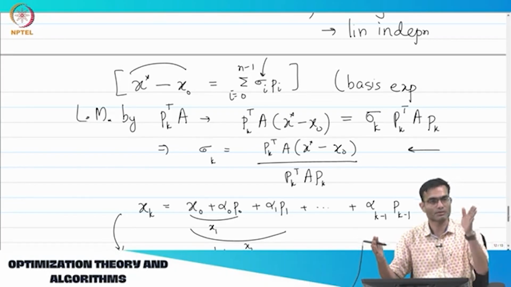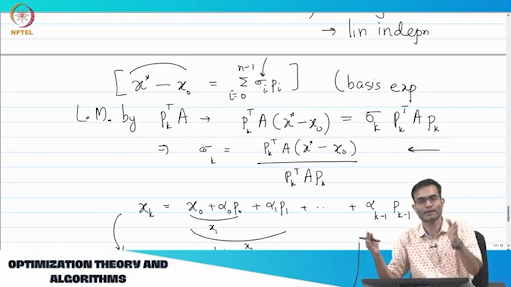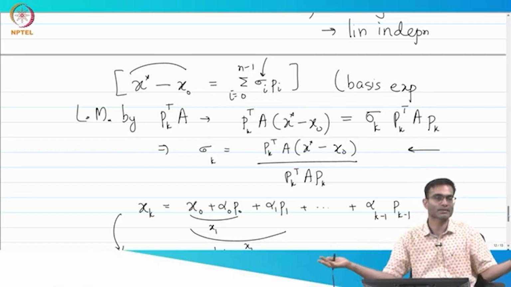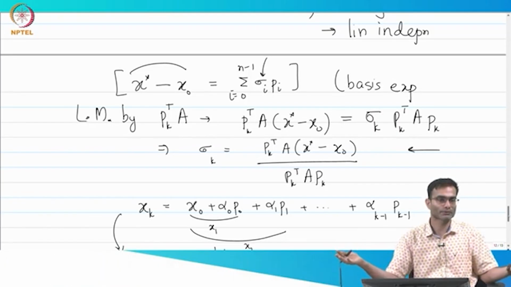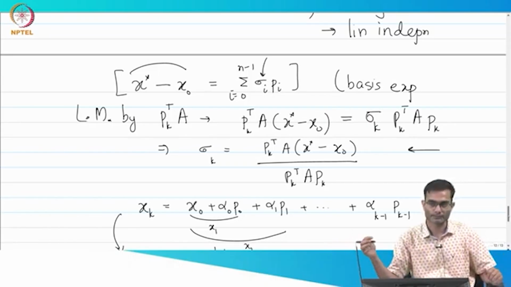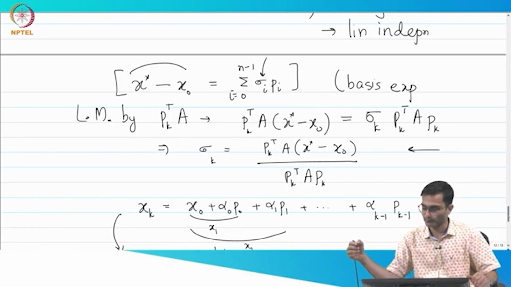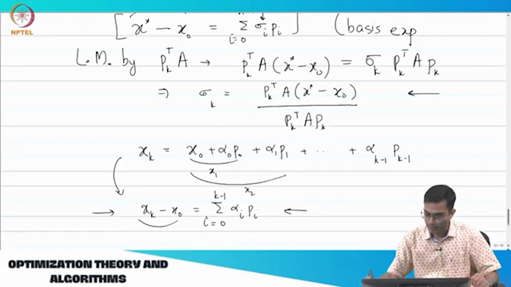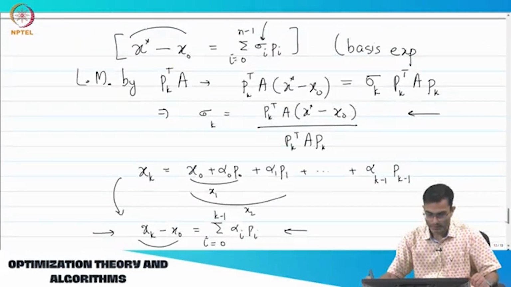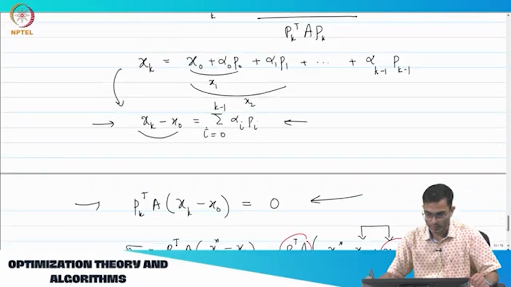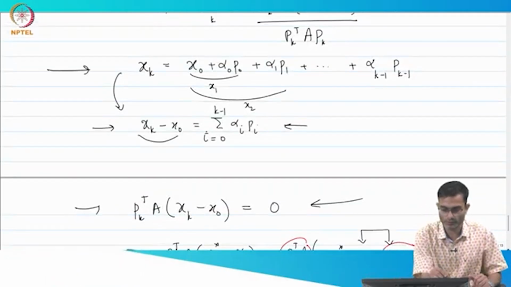In each step I walk along that direction and that length alpha, and in the end there is nothing left. Yeah, this is a very nice way of looking at it.